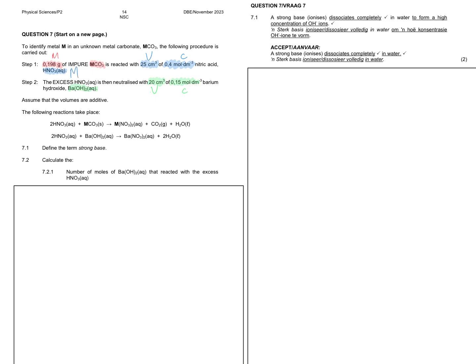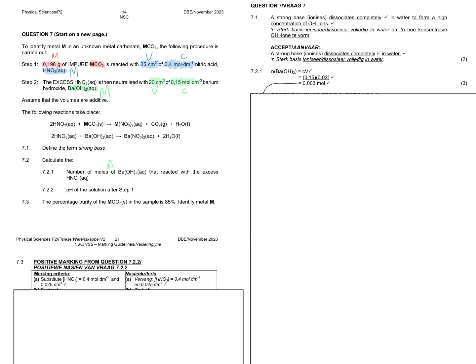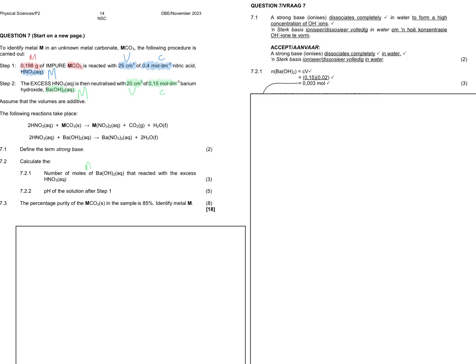You can get a capital M, and you can get a capital M from BaOH2 if it's required. But if you have a C and you have a V, you can get number of moles, and we need to use the green numbers to get number of moles of BaOH2. So we can do that, I think, fairly easily. So for 3 marks, so basically at the moment, we've got 5 out of the total, which is 18.